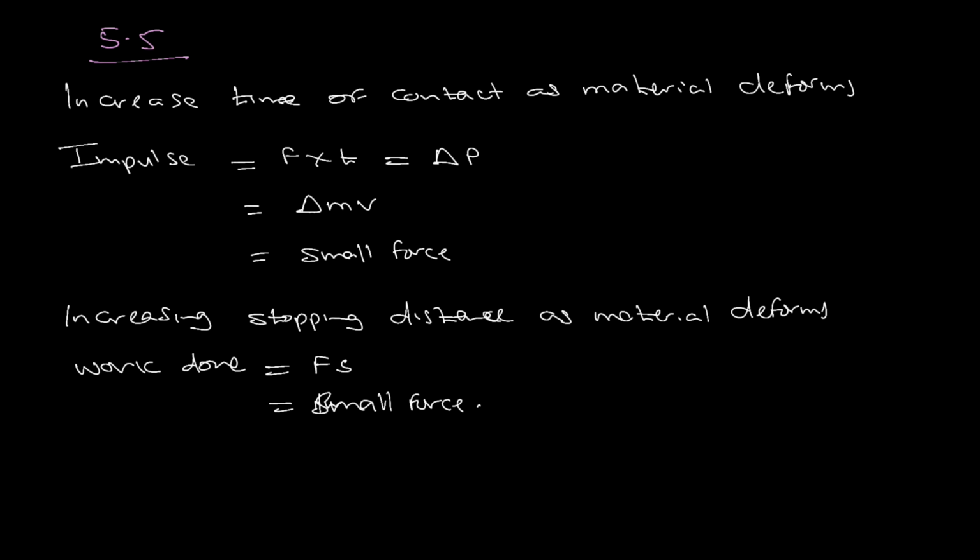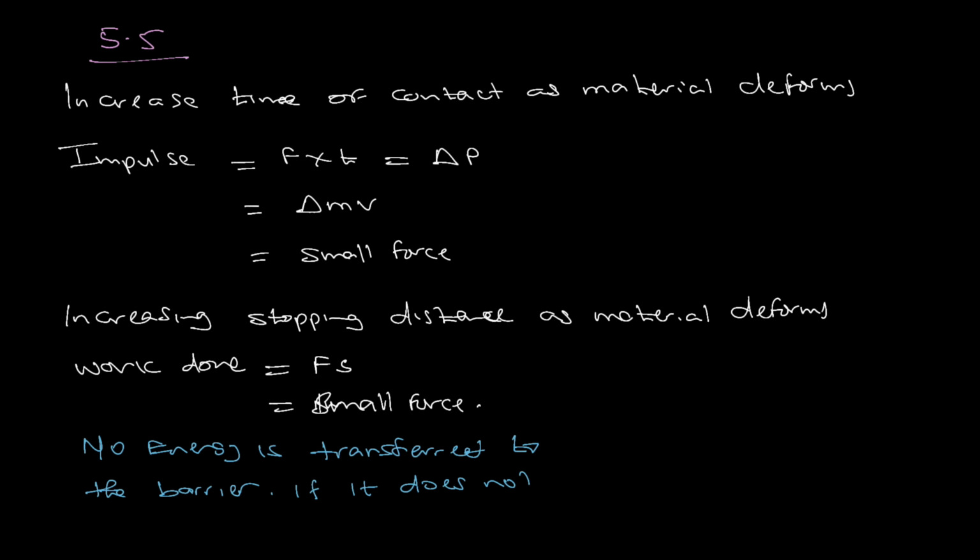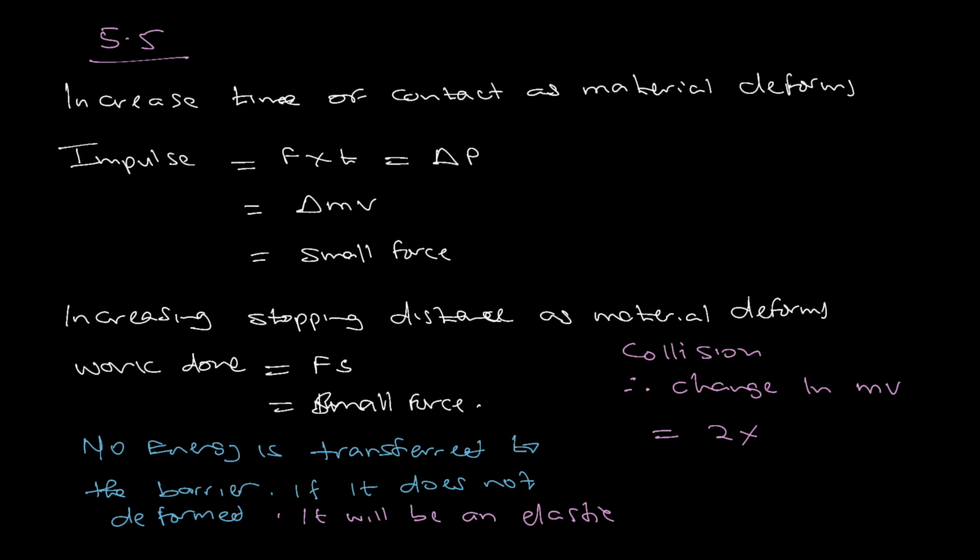But if we look at the concrete barrier, no energy is transferred to the barrier if it does not deform. At the same time, it will be an elastic collision. Therefore, for an elastic collision, the change in momentum will be equal to 2 times the initial momentum, because you're going one way and then you come back again off the wall.